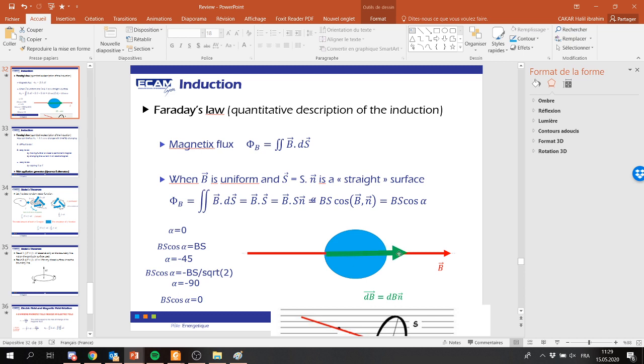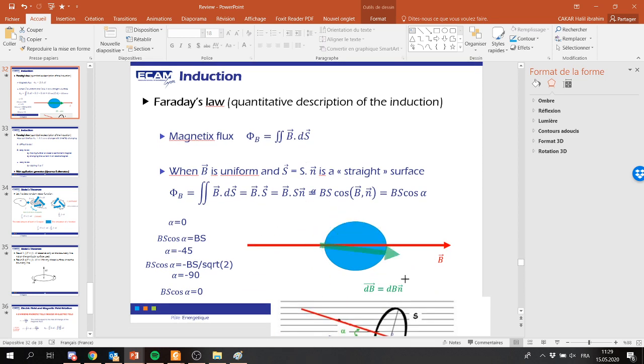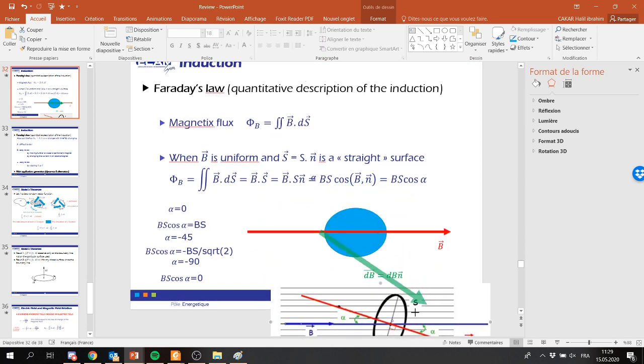What I am trying to say in here, when I am looking from the perspective of Lenz and Faraday, I don't care about the evolution of, how do you say, the distance change between the surface and the magnetic field, but I am just looking at the flux and electrical energy relations.